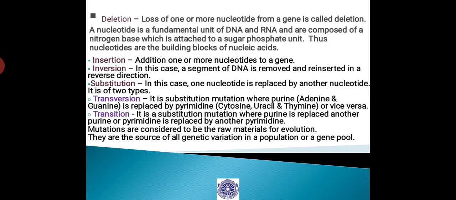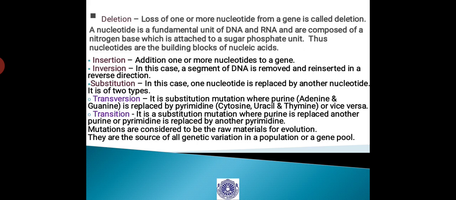It is the substitution mutation where a purine, that is either adenine or guanine, is replaced by a pyrimidine, that is cytosine or uracil, and thymine, or vice versa. Then about transition, the next type of substitution mutation. It is a substitution mutation where a purine is replaced by another purine, or a pyrimidine is replaced by another pyrimidine. So such types of mutations are called transitions.